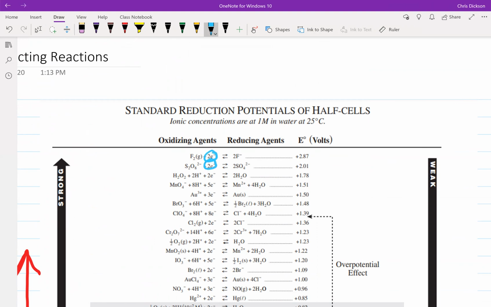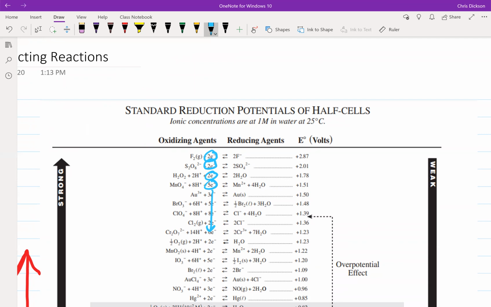S2O8 2-, you're adding 2 electrons, and then 2 electrons, and then 5 electrons. Everything in that column is going to have electrons added to it, which means you're reducing those compounds. That is why we call them oxidizing agents: in order for them to be reduced, they have to take 2 electrons, and that would cause the oxidation of another compound.